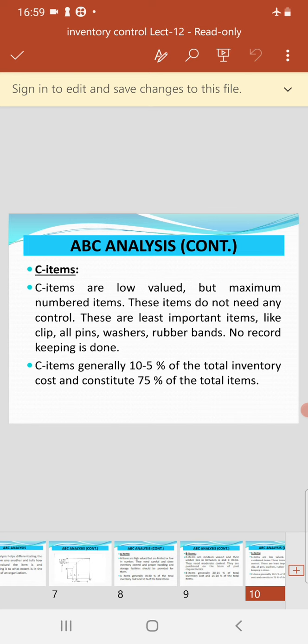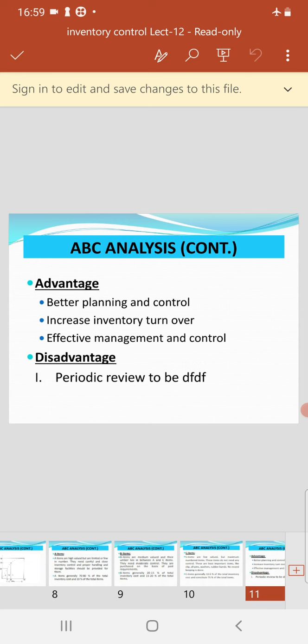C items generally account for 5 to 10% of the total inventory cost but constitute about 70 to 75% of the total items. So considering the value and the number, ABC analysis is done for maintaining inventory.